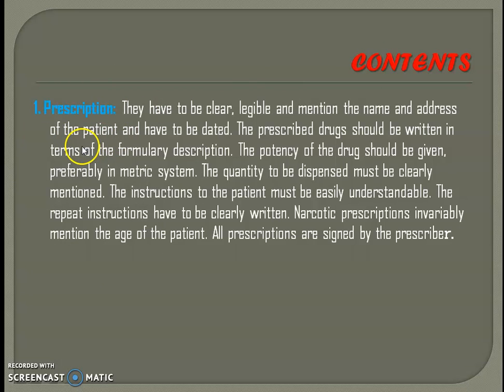So the first content is prescription. They have to be clear, legible, and mention the name and address of the patient. So a prescription should contain each and every data properly, including the information of the patient, information of the doctor, proper medications which he has prescribed, with quantity, dosage regimen, dosing frequency, etc., in metric terms.